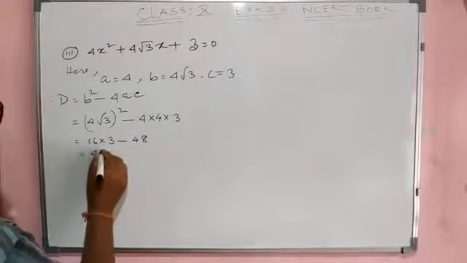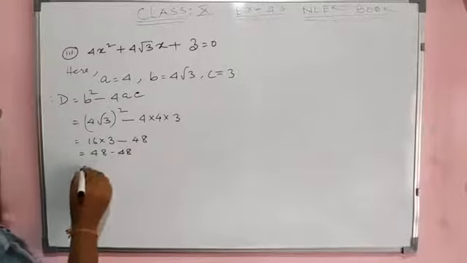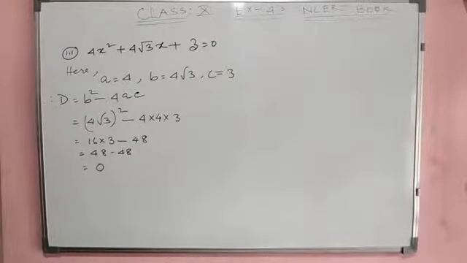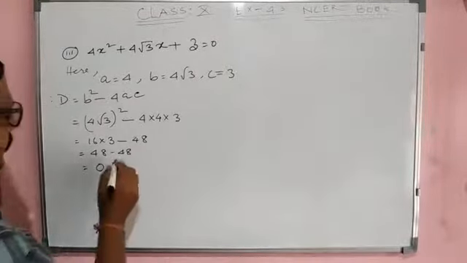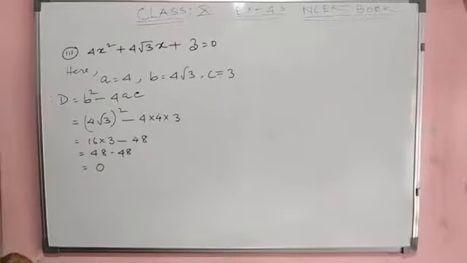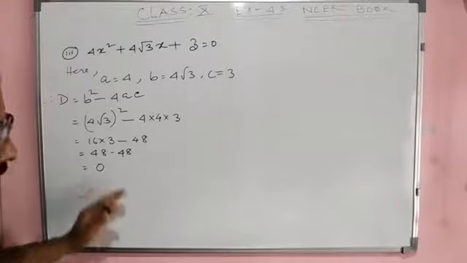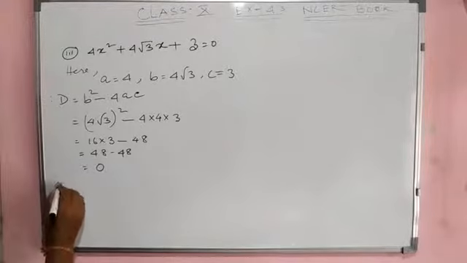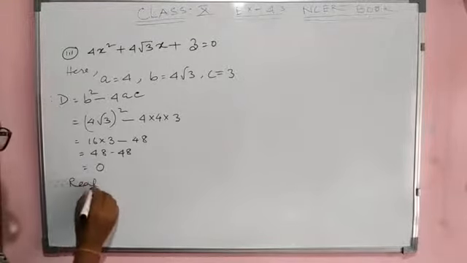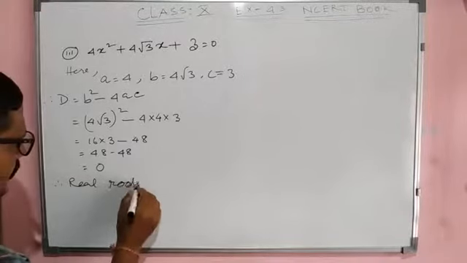So definitely 48 minus 48 equal to 0. We know that if D equal to 0, then the roots are real and equal. So here also we get real roots. Therefore real roots exist.